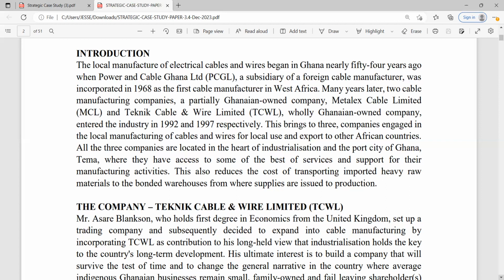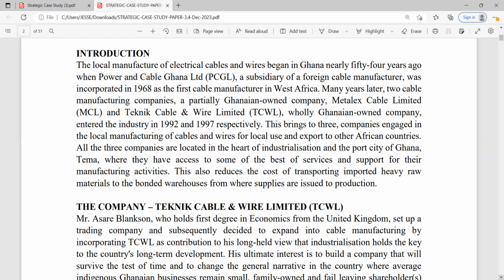Right? We are told that PCGL was incorporated in 1968 as the first cable manufacturer in West Africa. So we've already talked about these things. Even in the first sentence, we can deduce a lot of things. In the first sentence, we can see that PCGL is a first mover into the West African territory when it comes to cable and wires, right?